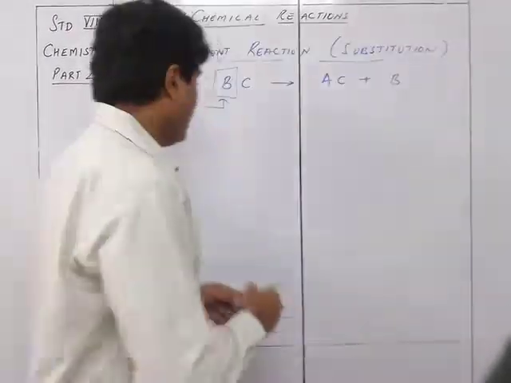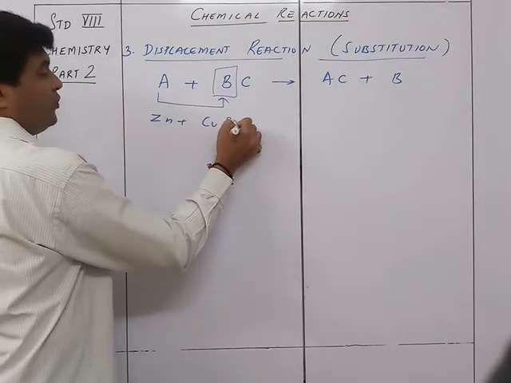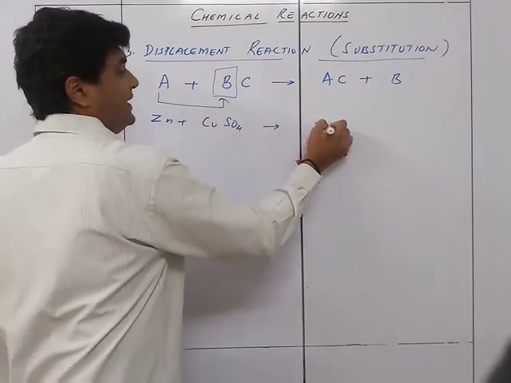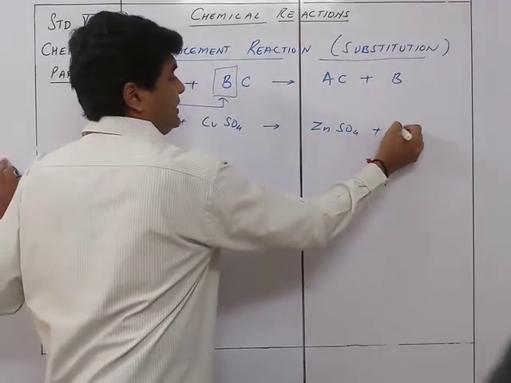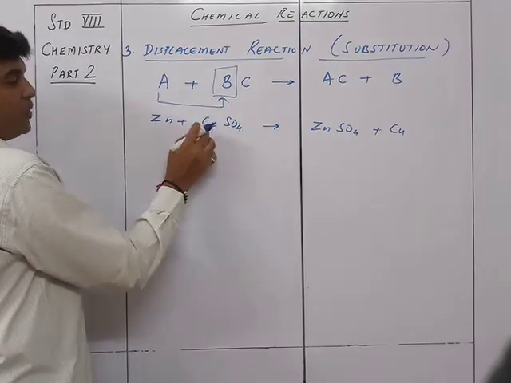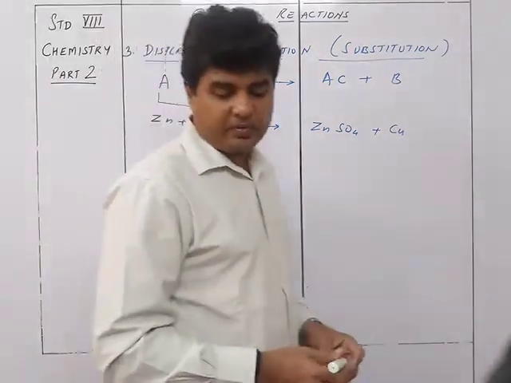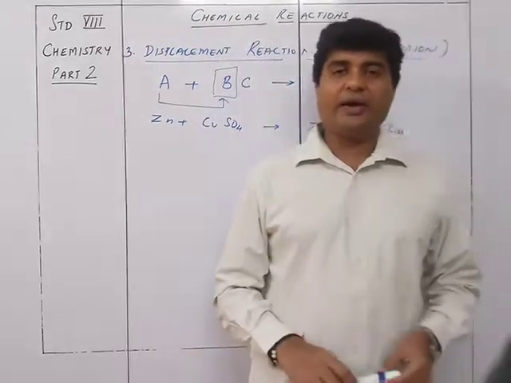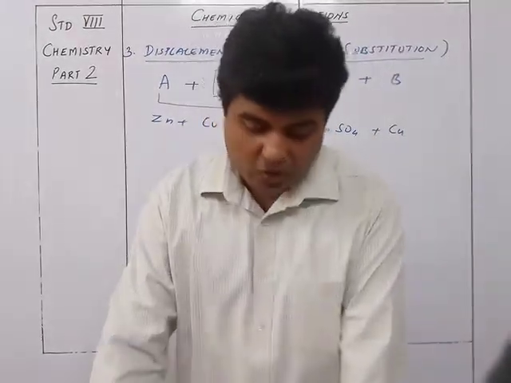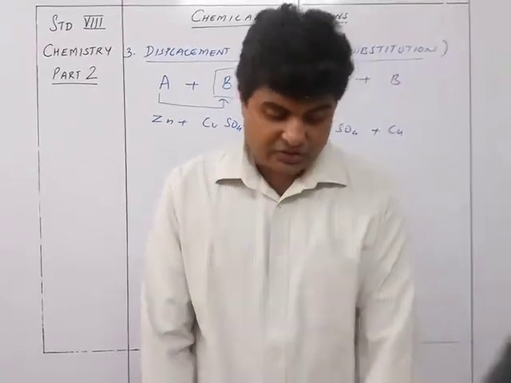The example over here will be Zn plus CuSO4 will give you ZnSO4 plus Cu. So what happened is the copper from the copper sulfate was replaced by zinc, forming zinc sulfate, and copper will be given out as the resultant. So that is called a simple displacement reaction.